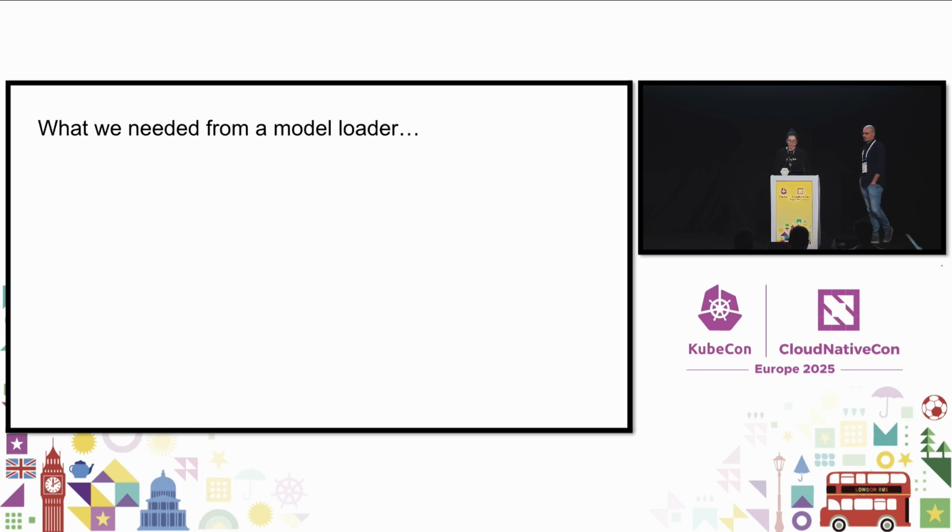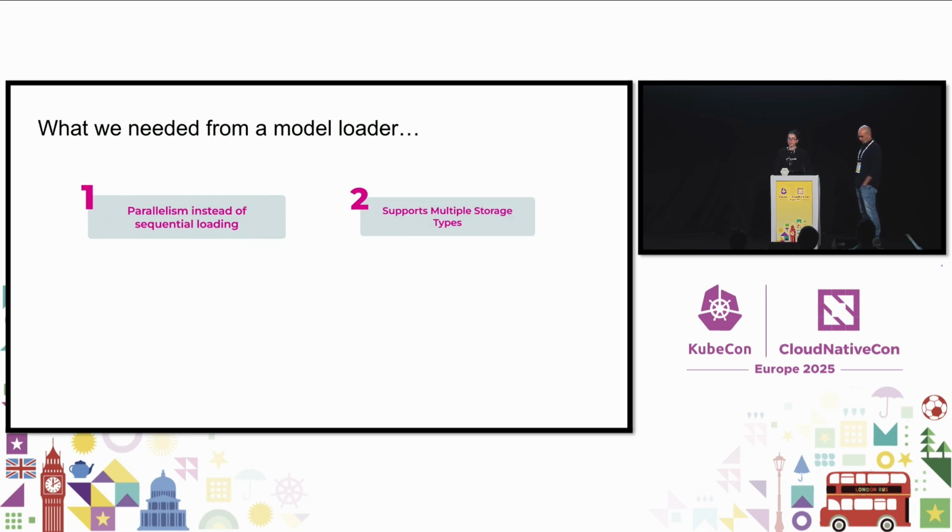So when we started checking out the problem, we realized that we needed some specific things before creating the project. First of all, the sequential loading will not work for us. So we need something that's working in a parallel manner. Second of all, we need a library that supports multiple storage types. For example, for the safetensors loader, S3 is not supported, and you might need to change either your storage or your code base in order to make your storage type work.